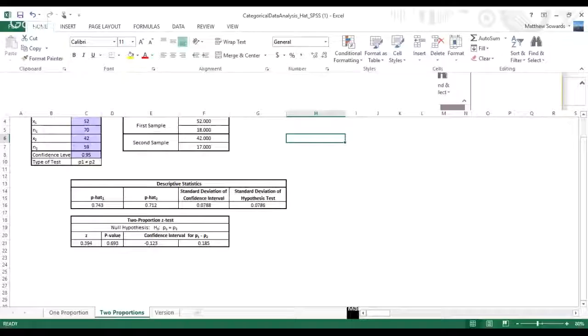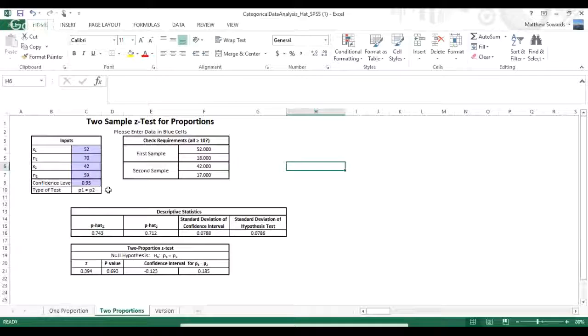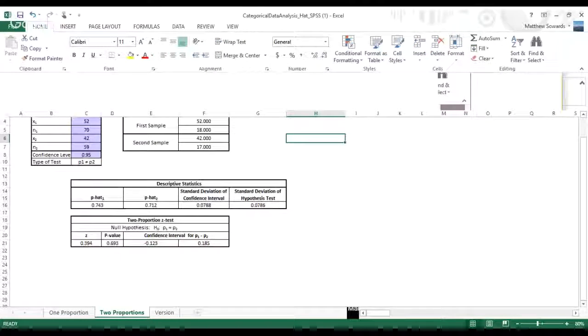Can you see that? Yes. So that's what your confidence interval should be down here at the bottom. Negative 0.123 for the lower end, 0.185. Is that about what you got?